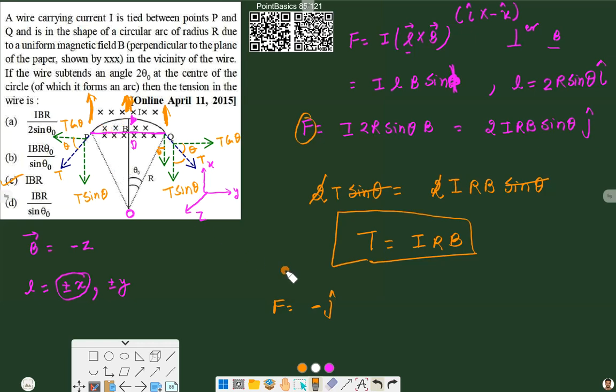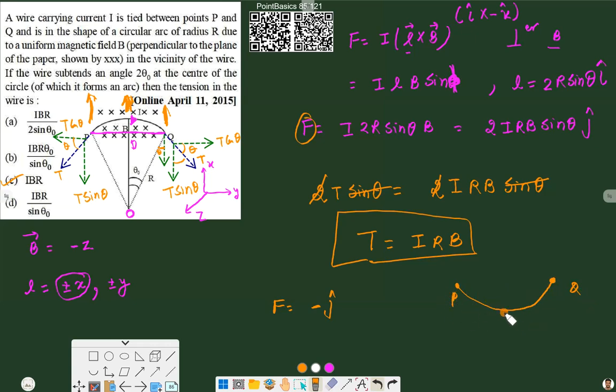Then what will happen? This wire, which in this example is curved upward, in that case will curve downward, because here we are assuming that these 2 points of the wire P and Q are fixed.